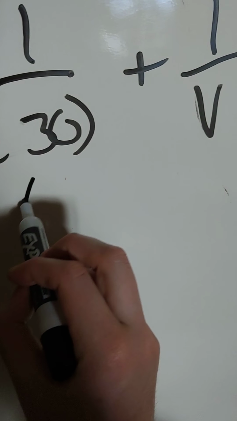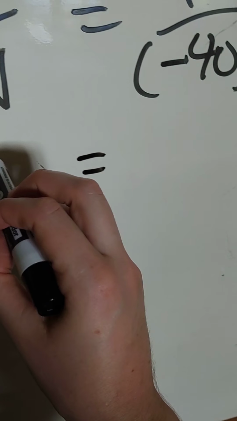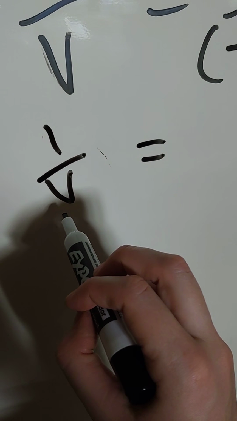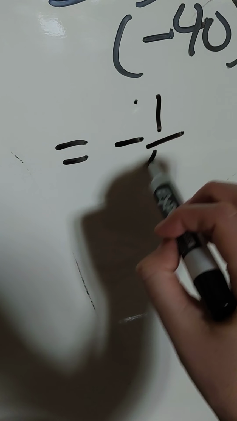So we subtract 1/30 from both sides, and we're left with 1 over the image distance equals negative 1/40 minus 1/30.